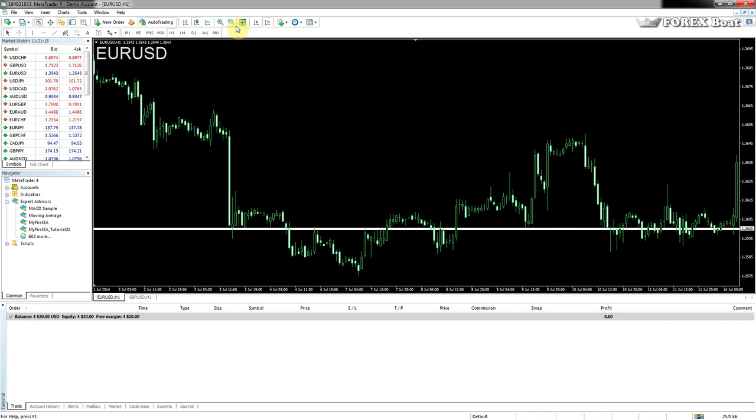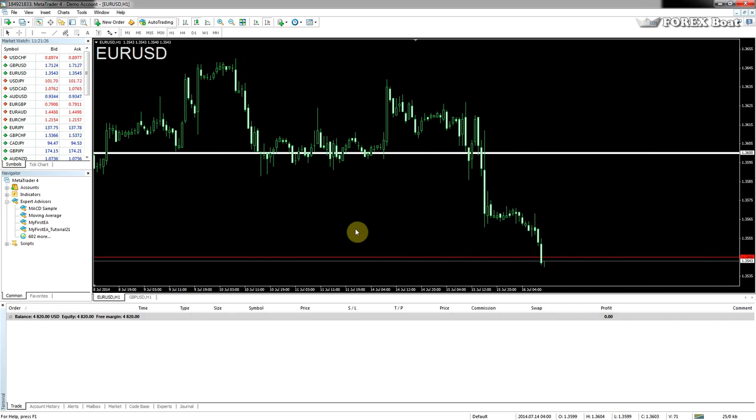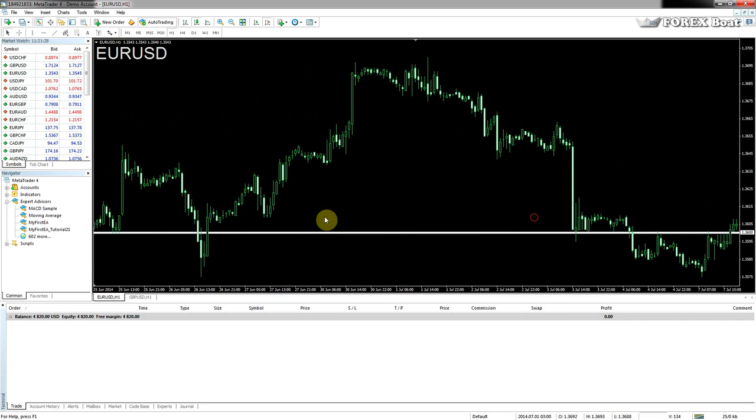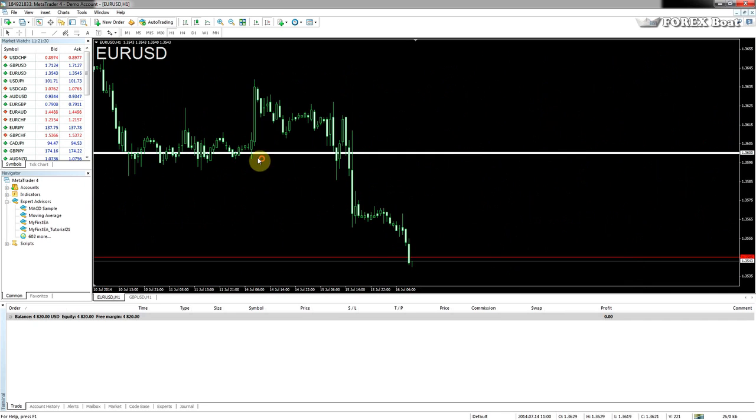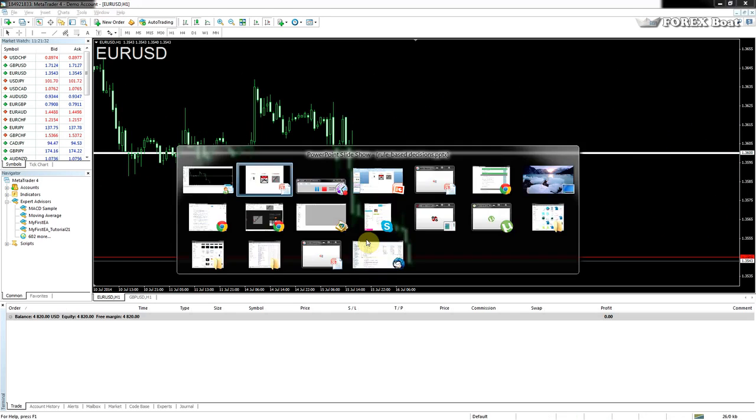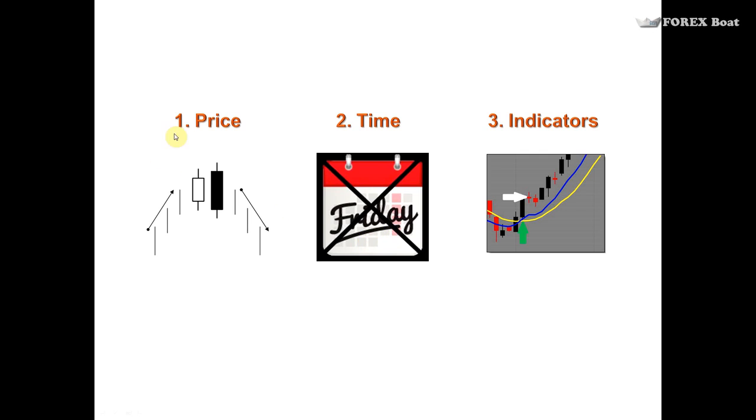And let's see what would happen. So if we sold here, for example, and we waited long enough, we could earn like 20 pips. And so that's another way of setting your price-based decisions. So let's go back to the presentation.